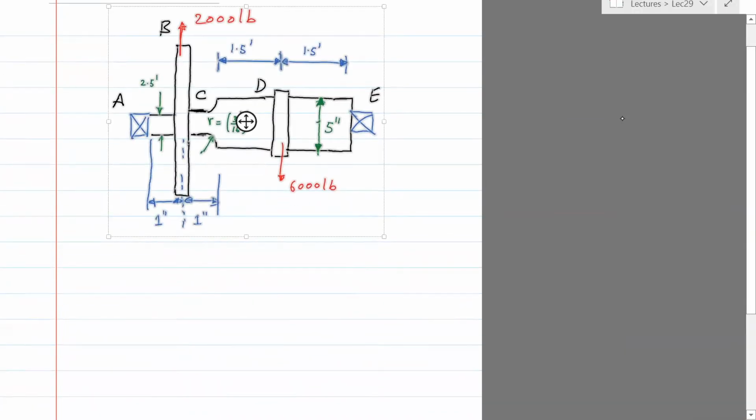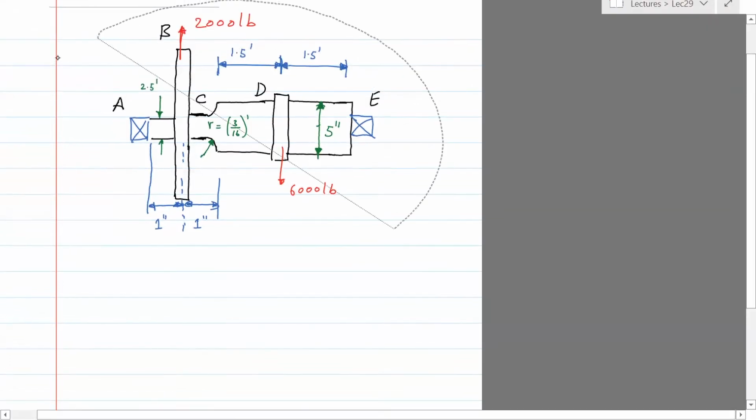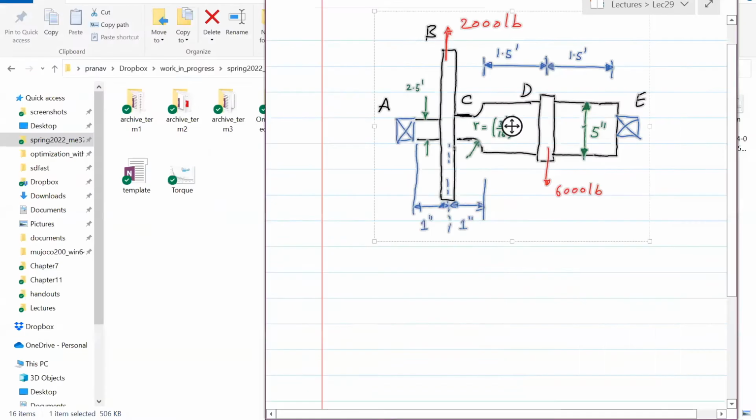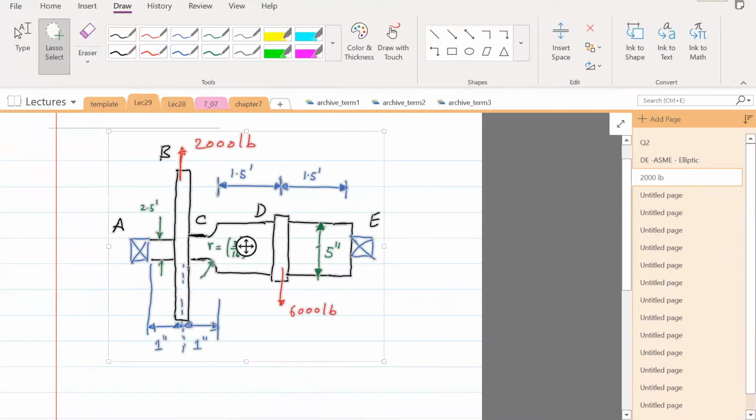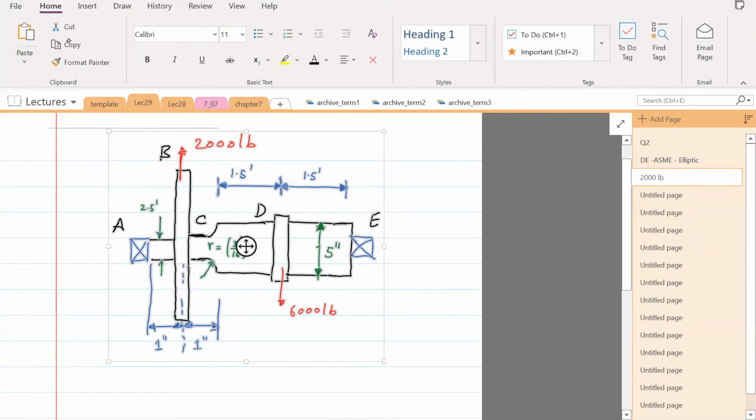But before I do that, I need to draw a free body diagram in order to figure out the reaction forces. Remember that the axes represent bearings. Since I made a copy of this, let me make another copy. I'll need it for the next diagram.